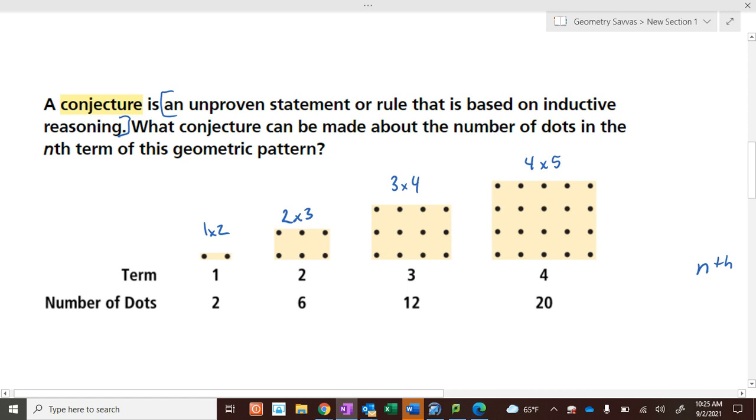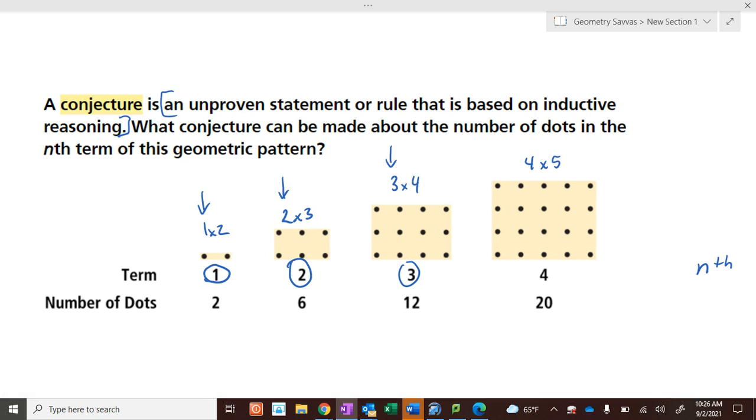What about the nth number? We don't know what the nth number is, but some number way out there. How do I figure out the nth term? Now look at this and this. This and this.